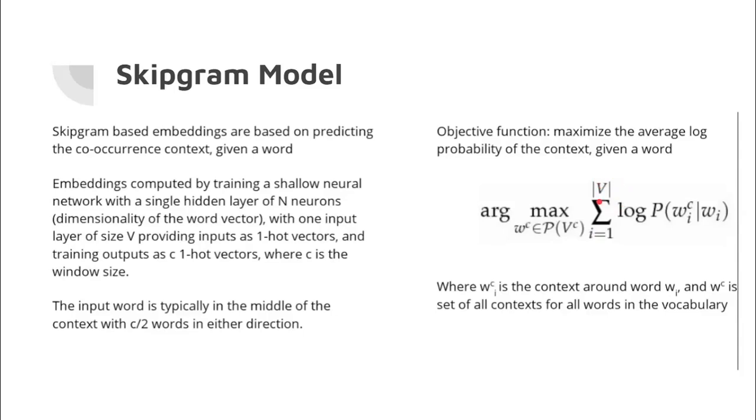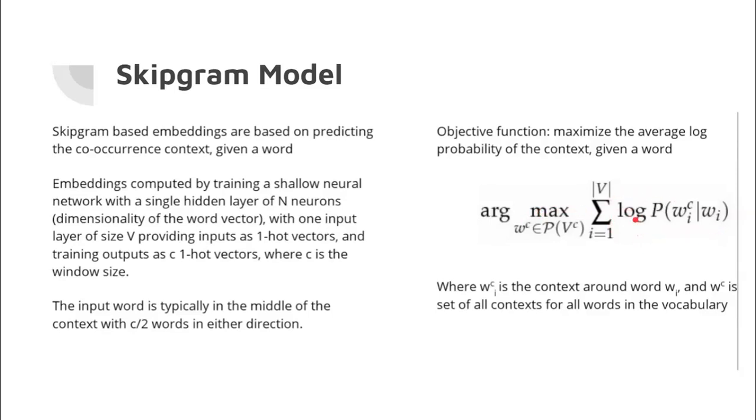So the output function will try to round off the values to 1 or 0. Generally we won't get exact 0 and 1 values, but that is possible only by this activation function, or maximization function. So it will try to maximize the word context values based on this equation.